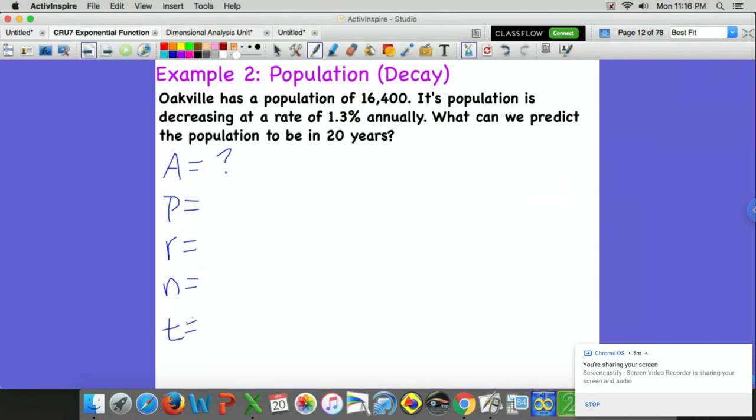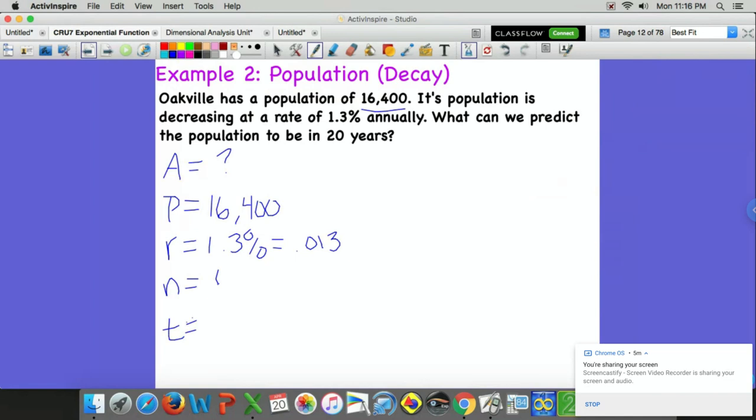P, Oakville has a population of 16,400. It is decreasing at a rate of 1.3%. The N, once again, we're going to be counting that about every year.